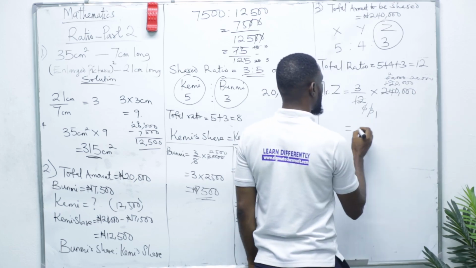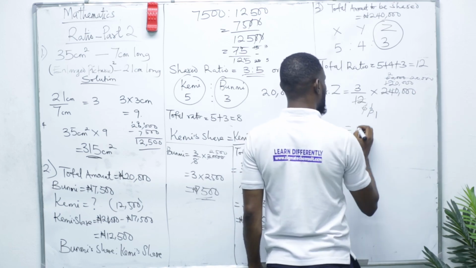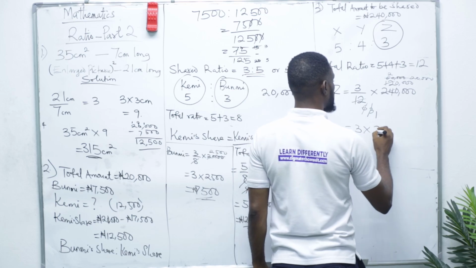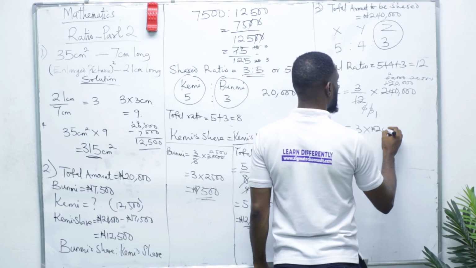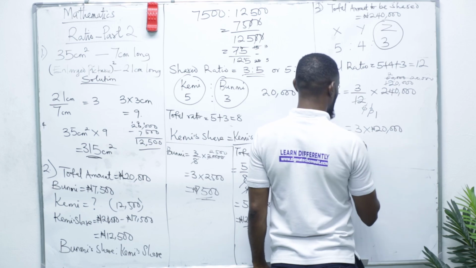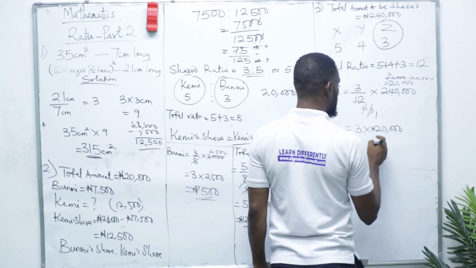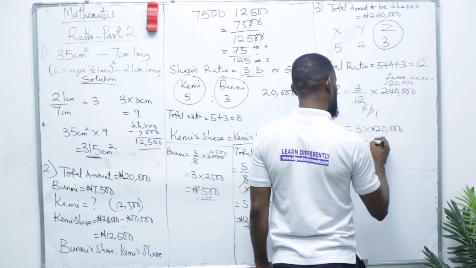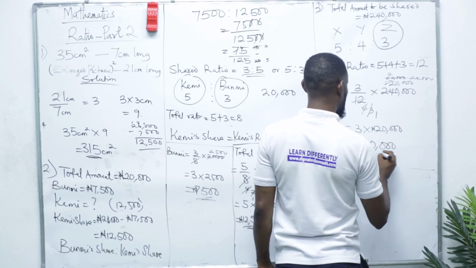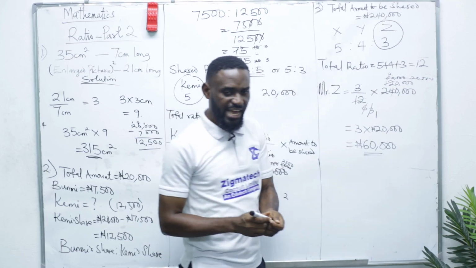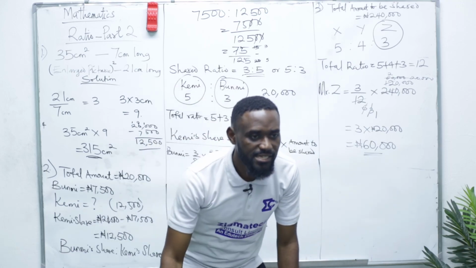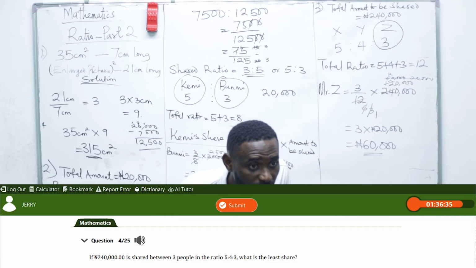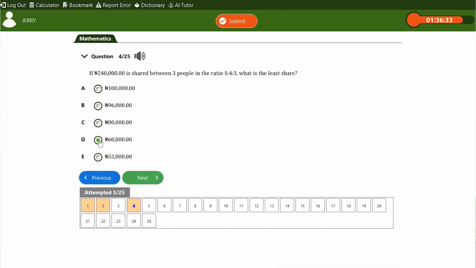So what this means is that we're having 3 times 20,000 naira, which gives us 20, 20, 20. That is 60,000. So the least person gets, the least share there is 60,000 naira, which is the option we have there.